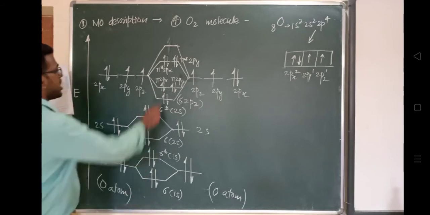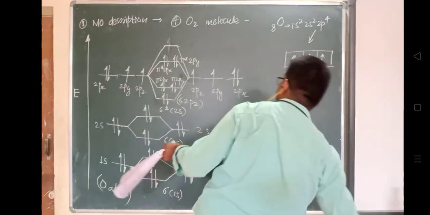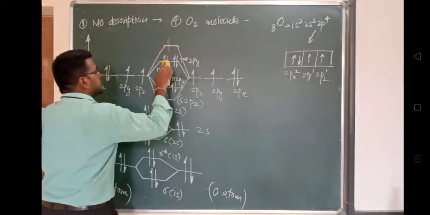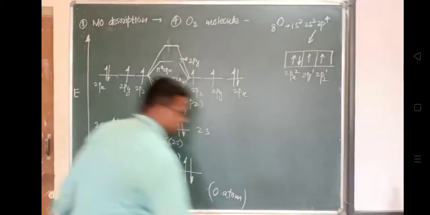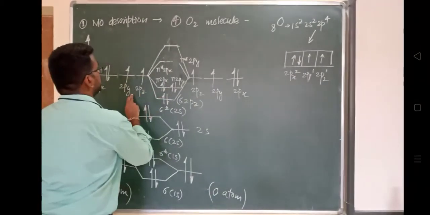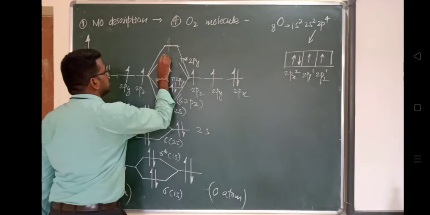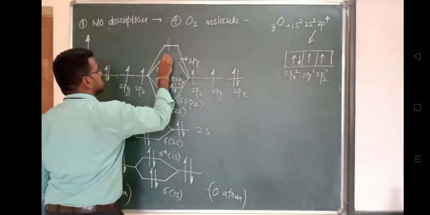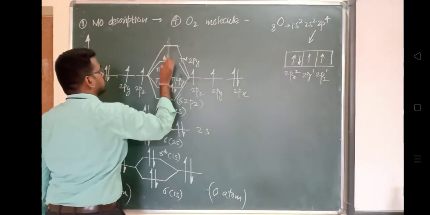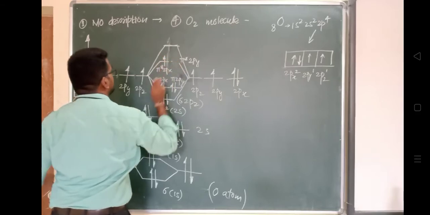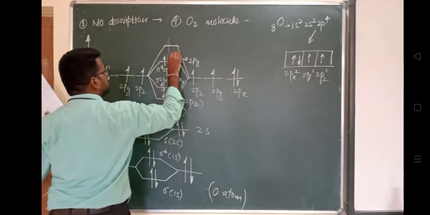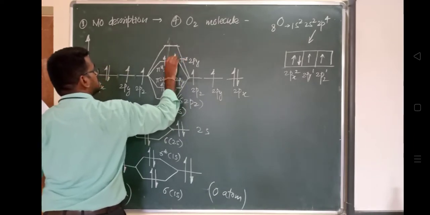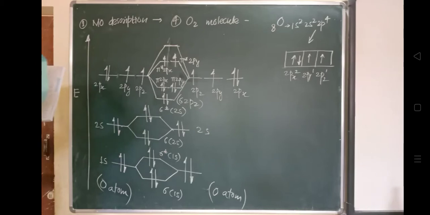So I have shown here, I will correct it. Here there will not be two electrons, only one electron will be present over here. Only one electron from this 2px and only one electron from this 2py orbital, because it will remain a pi star 2py orbital.